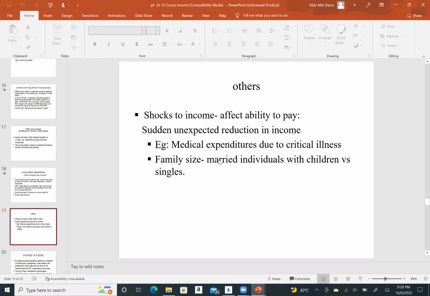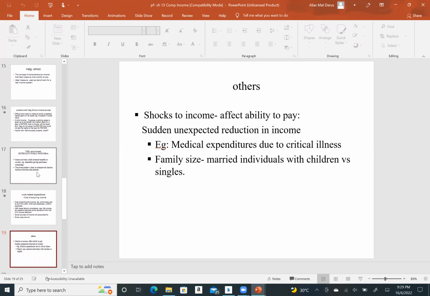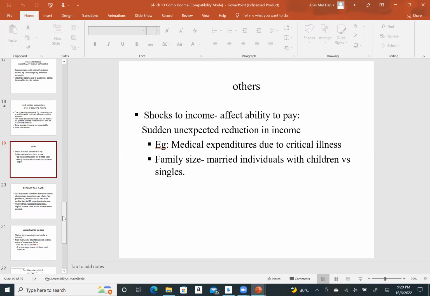So you have a shock to your income, an unexpected change in income. This is one of the factors that we may look at in order to come up with the income on which you are going to be taxed.